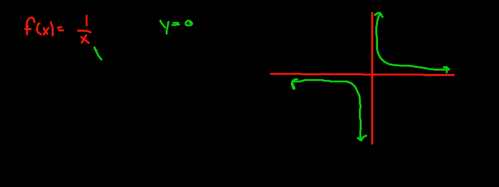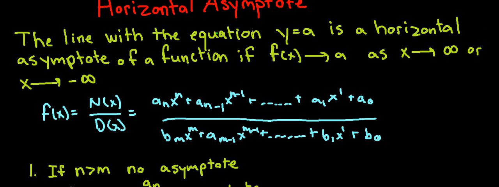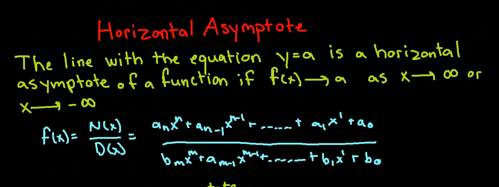So if we look at this function, and we start putting in larger and larger x values, as this says, there is a horizontal asymptote of a function if the function value approaches whatever value the asymptote's at as x goes to infinity or minus infinity.